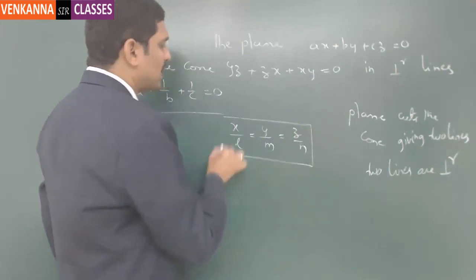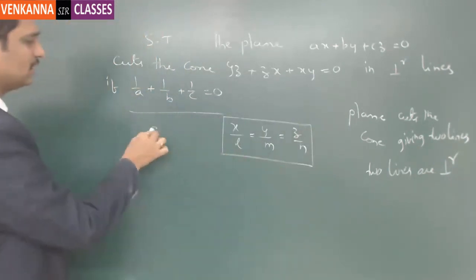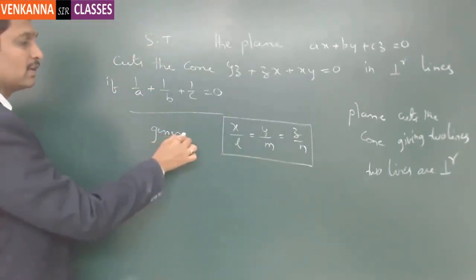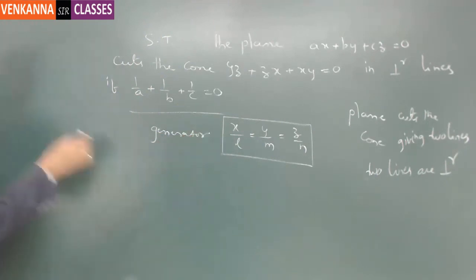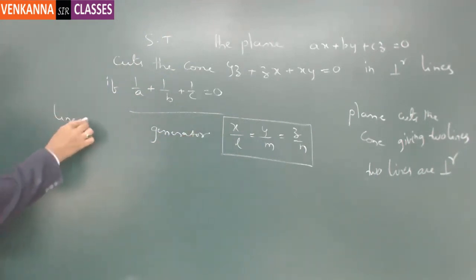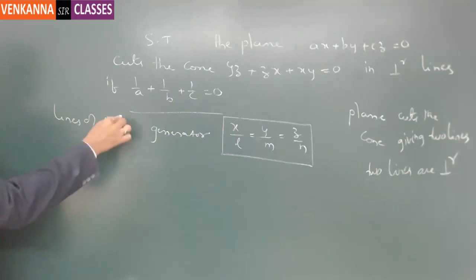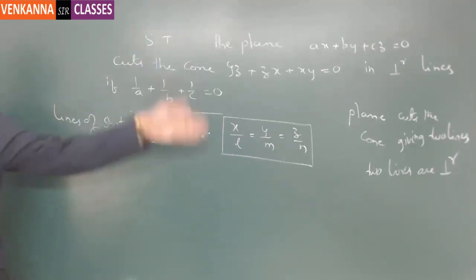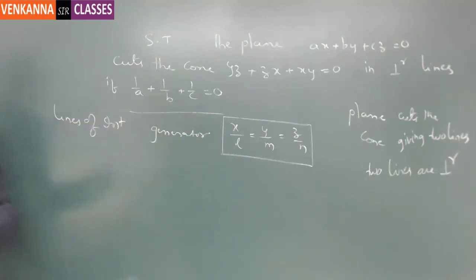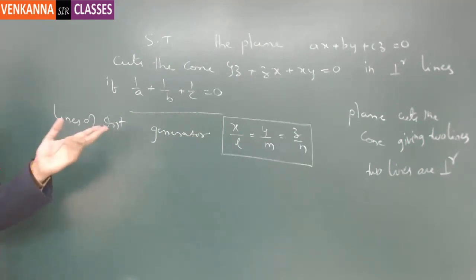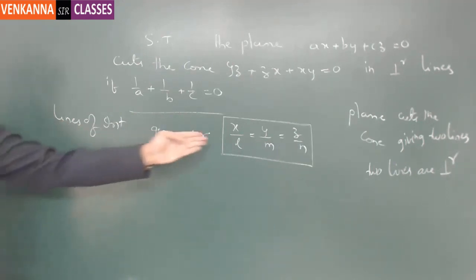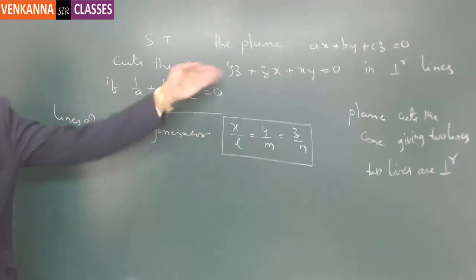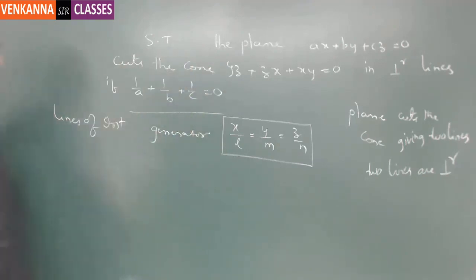This is nothing but the generator equation, also nothing but the lines of intersection, because the generator is also the line of intersection as and when the plane passes through the vertex of the cone.